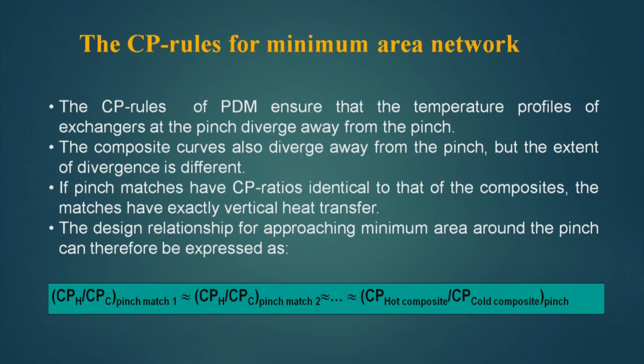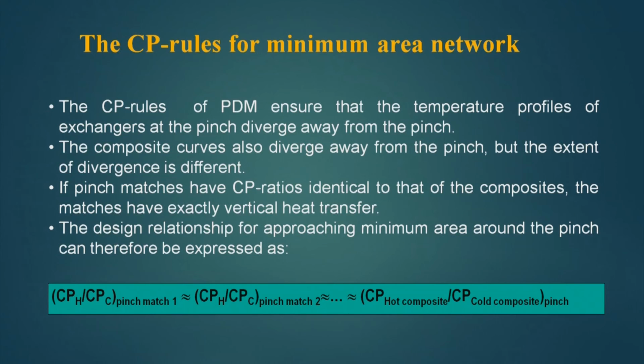It tells that if I find out the CP matches for the heat exchangers and I compare it with the composite CP matches, and if they are near to the composite CP matches, then whatever the area I will get for those heat exchangers will be almost minimum.